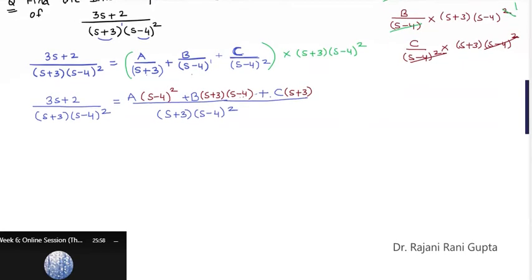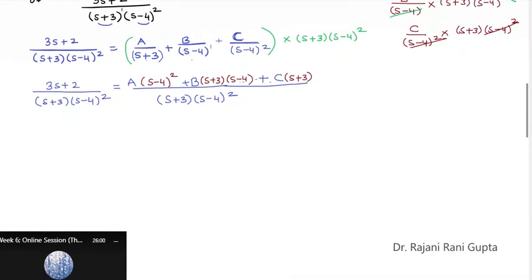Now what is the next step? We compare the numerators as the denominators are the same. The denominators on both sides are the same, so it means the numerators should be the same. So we get 3s plus 2 is equal to A times (s minus 4) power 2, plus B times (s plus 3)(s minus 4), plus C times (s plus 3).